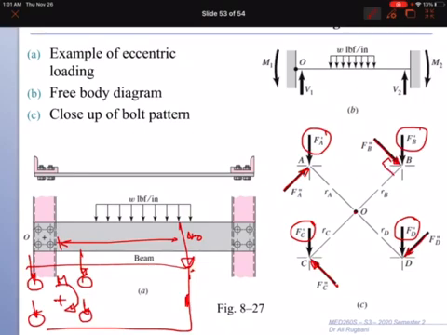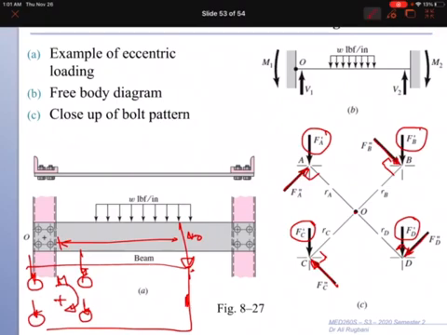So we have a 90 degree angle between the secondary load and the line connecting the centroid to the center of the bolt, and the rotation is in the same direction for all the bolts.